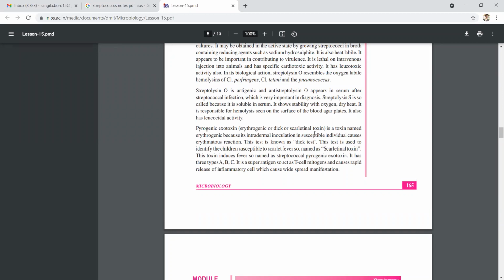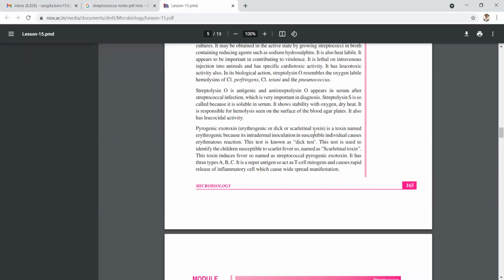Then another toxin which is called pyrogenic exotoxin. It is named erythrogenic because intradermal inoculation in a susceptible individual causes an erythematous reaction. That means if you want to check whether a person is suffering from this streptococcus, and whether there is the presence of this pyrogenic exotoxin in that person, what can we do?